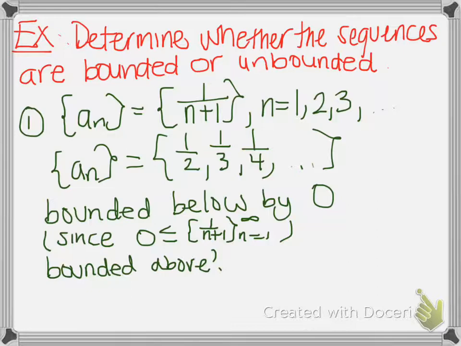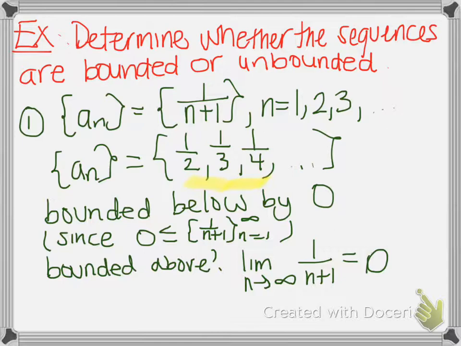In order to determine this, we can take the limit of our sequence, because if the limit converges to some value, then any value above that number will bound it above. So the limit as n goes to infinity of 1 over n plus 1: as n goes to infinity, our sequence is going to 0. These terms are getting smaller, so they are converging to 0.